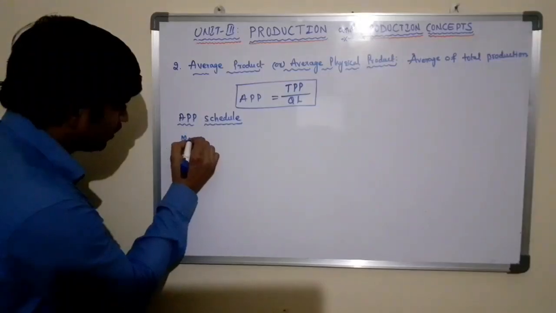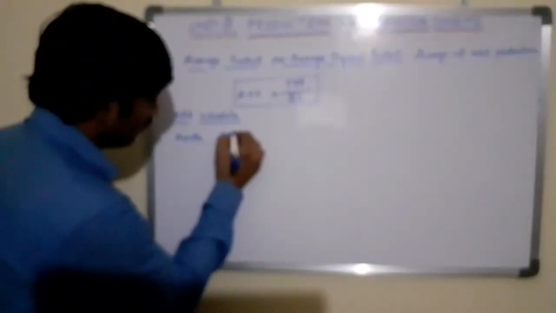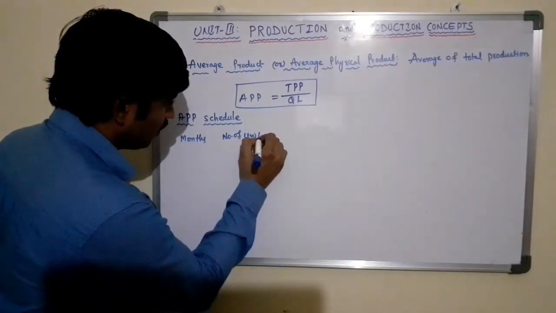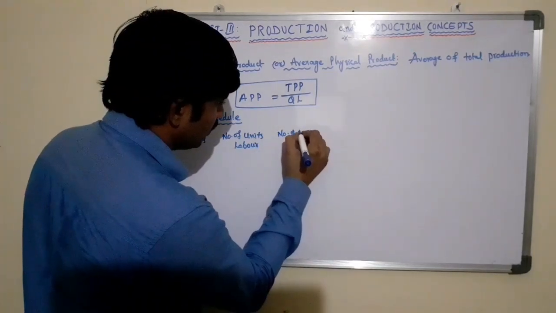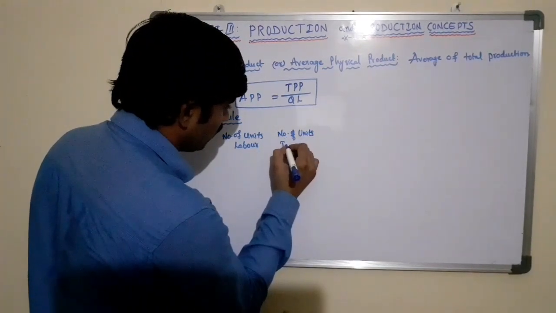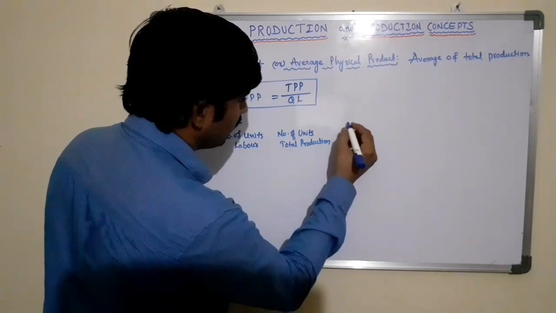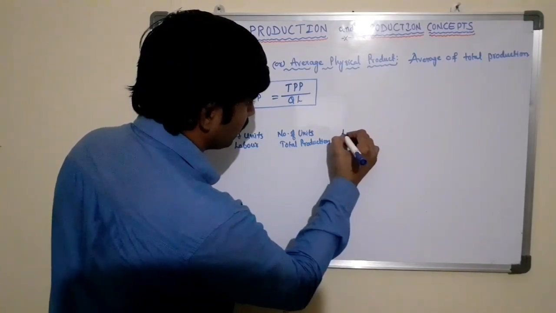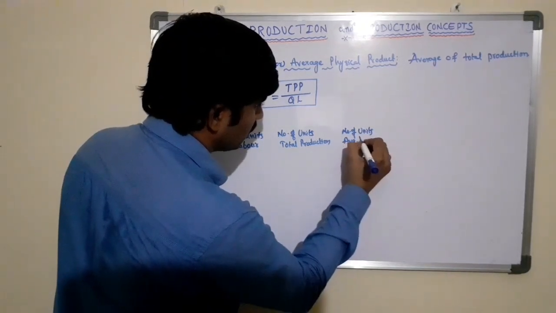So, the average physical product schedule. Here I am taking months as the period, number of units of labor, number of units of total production, that is TP, and number of units of average product.